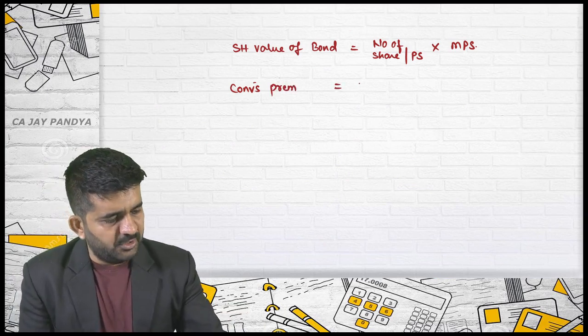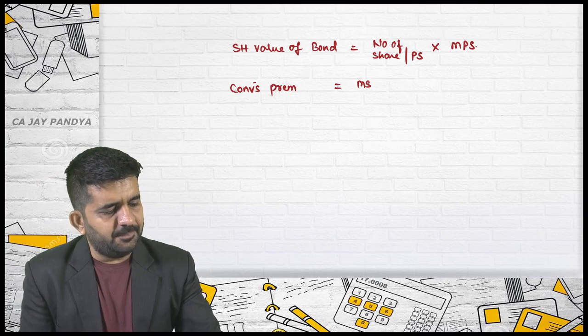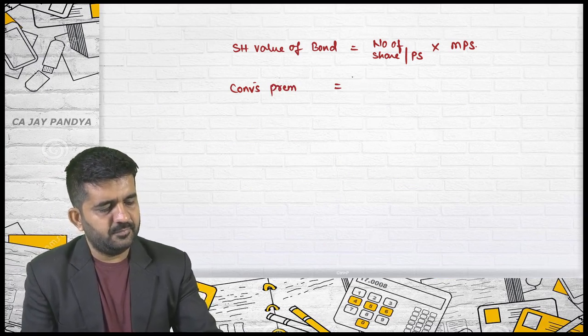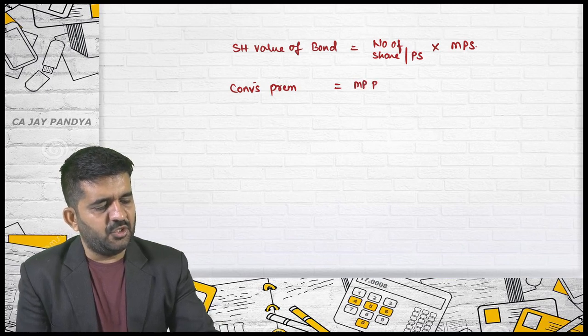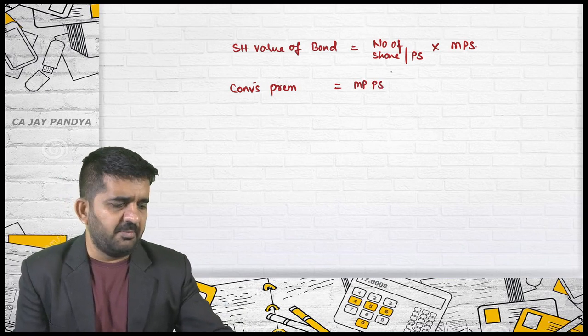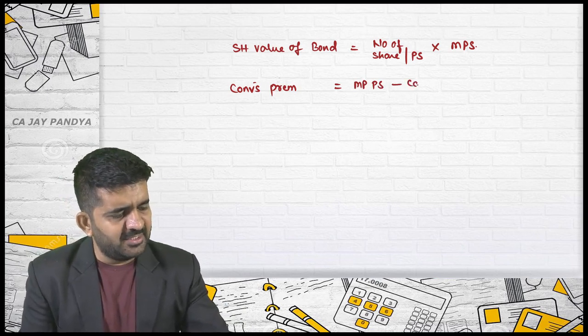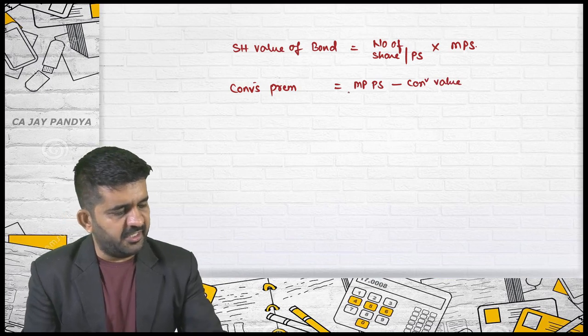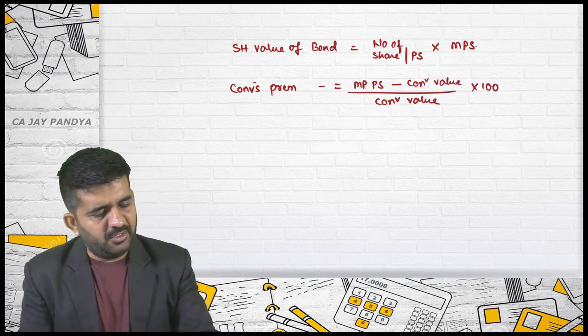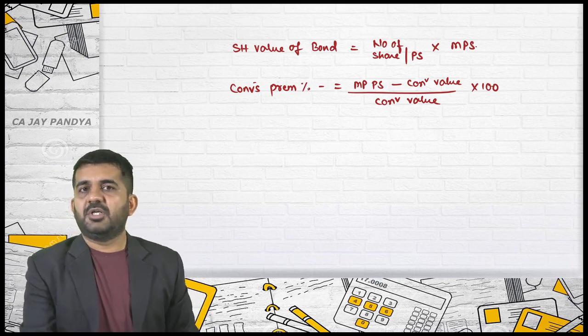Second was conversion premium. It will be equal to the market price of preference shares. I am assuming preference shares. If it is a bond, it will be the market price of bond minus conversion value, which was calculated above, divided by conversion value, multiplied by 100, which will be the answer of conversion premium in percentage.